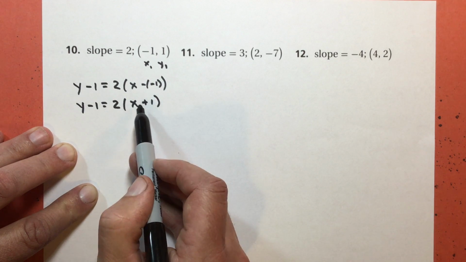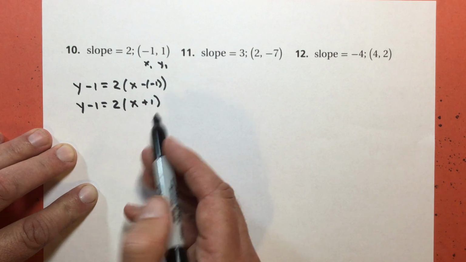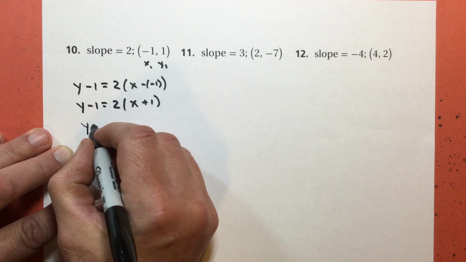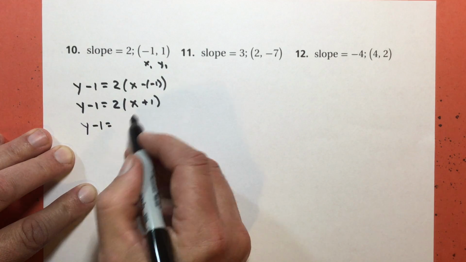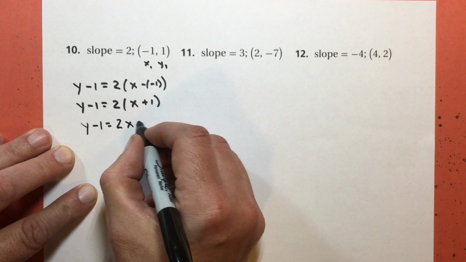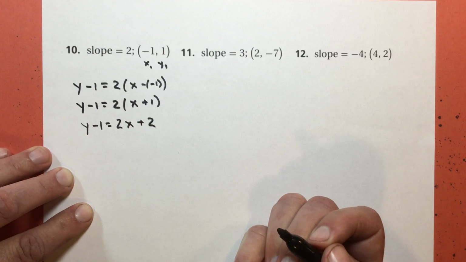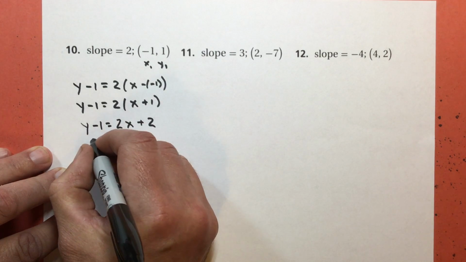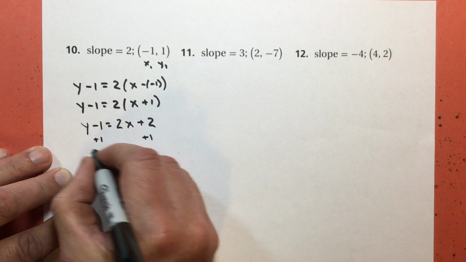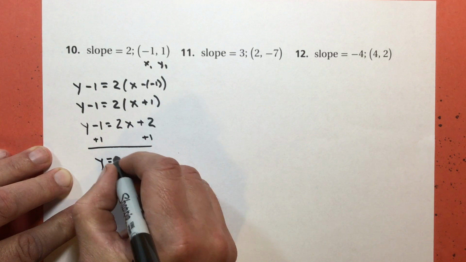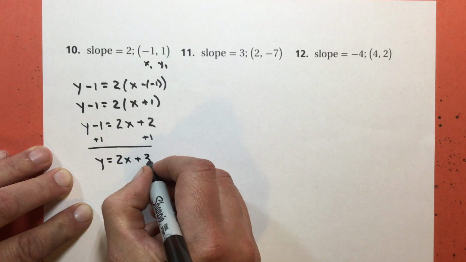Subtracting negative 1 is adding the opposite, so I get positive 1. Y minus 1, just use distribution. 2 times x, 2 times 1. And then I'm going to add 1 to both sides, and I get y equals 2x plus 3.